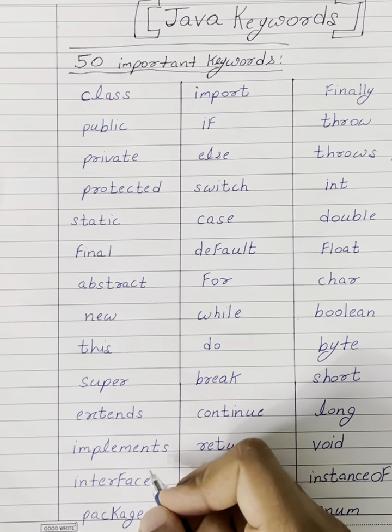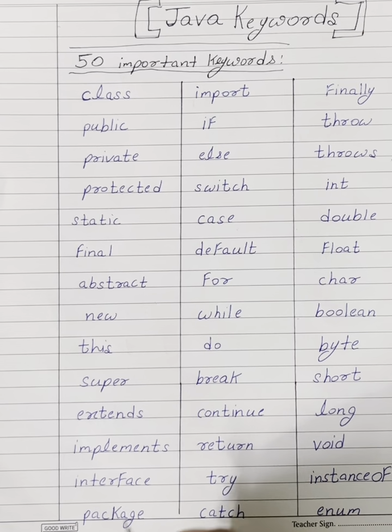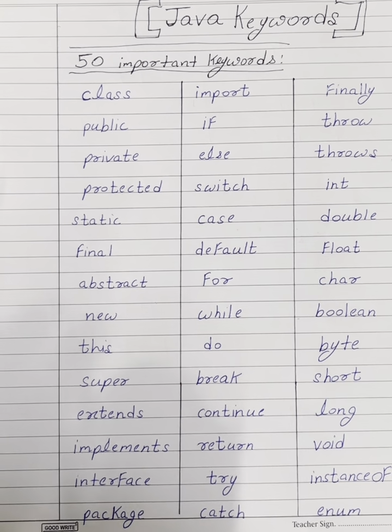Next is implements. This implements keyword is used when a class provides the implementation of one or more interfaces, and an interface, you should know, defines a set of methods that a class must implement, which helps in ensuring that all implementing classes follow the same contract.